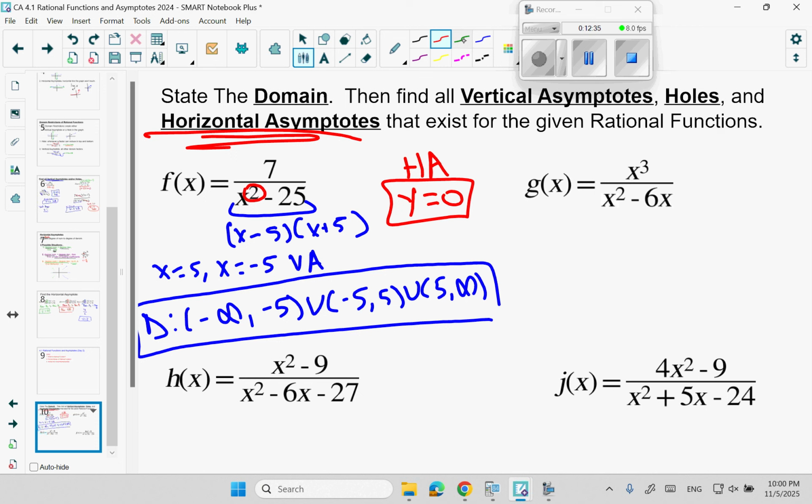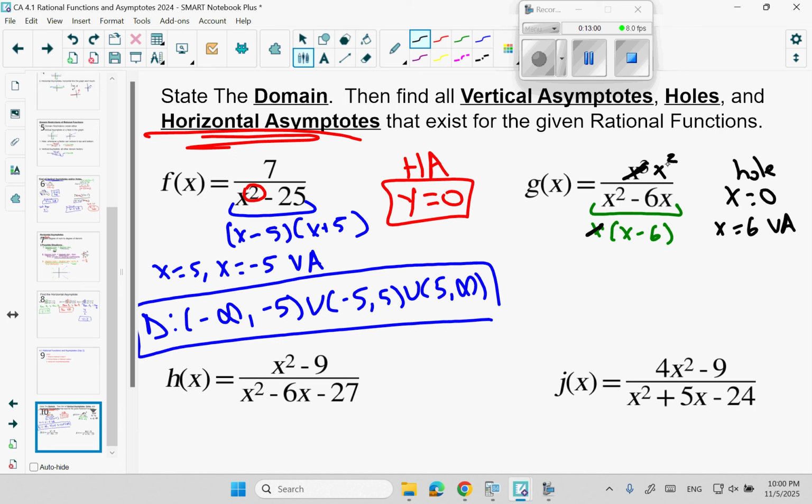Okay. On this next one, I should factor the bottom, so x and x minus 6. Well, x and x cubed can be crossed off, so I know that x equals 0 is going to be a hole in the graph. But x minus 6, so in this case x equals 6, will be a vertical asymptote because that does not get crossed off.